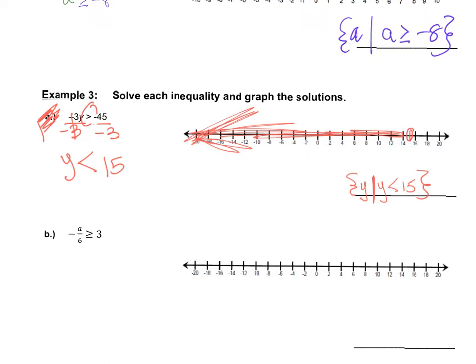Next one. You have a negative, you're dividing by 6. Recall from previous lessons that this is the same thing as either -a/6 or a/-6. They are all the same.